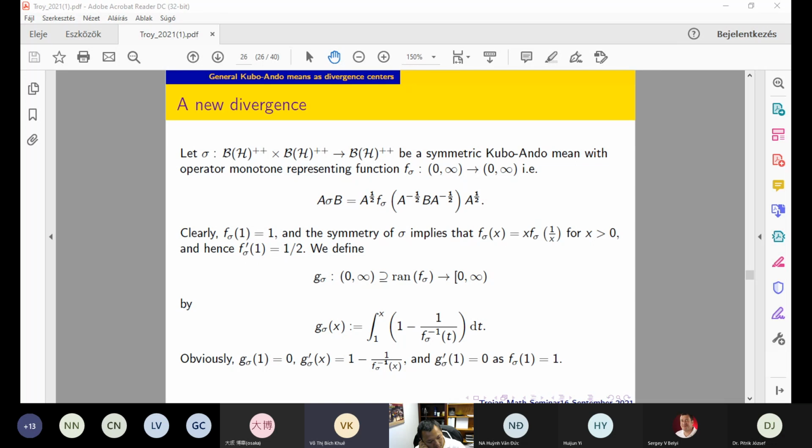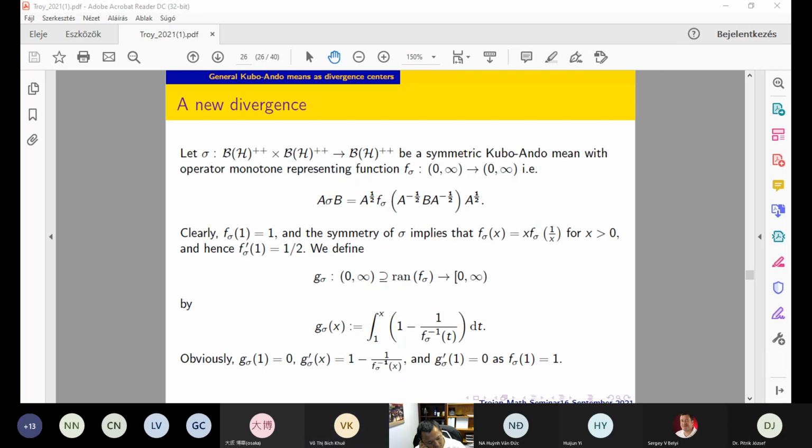I'm considering the problem of finding the barycenter of n positive matrices with some divergence, not the symmetric Kubo-Ando mean.